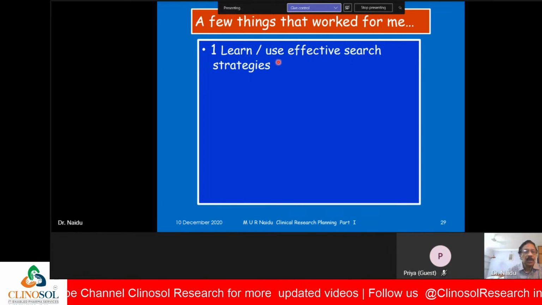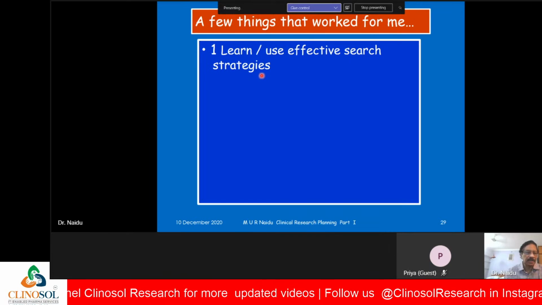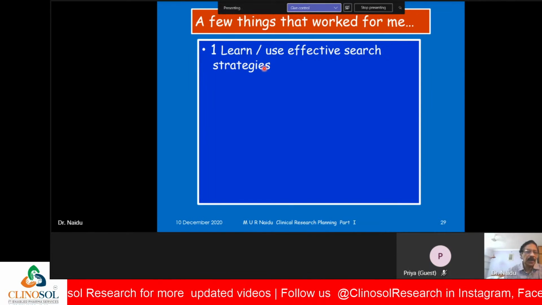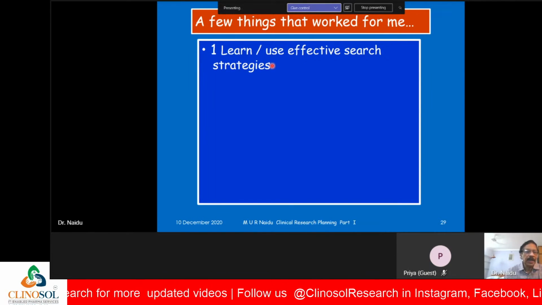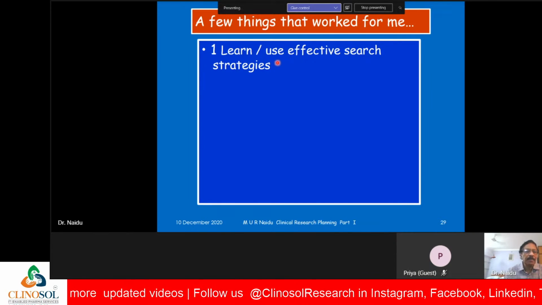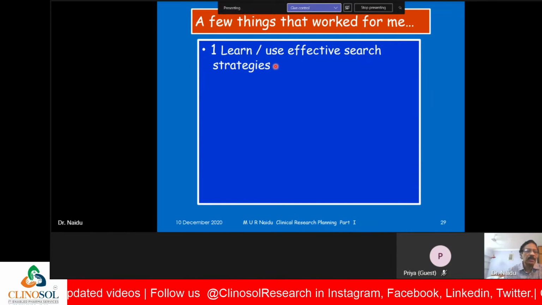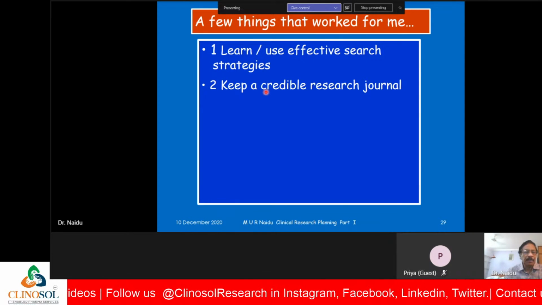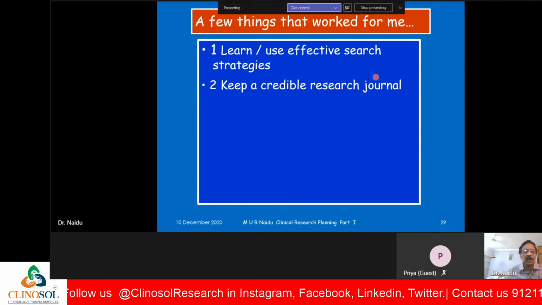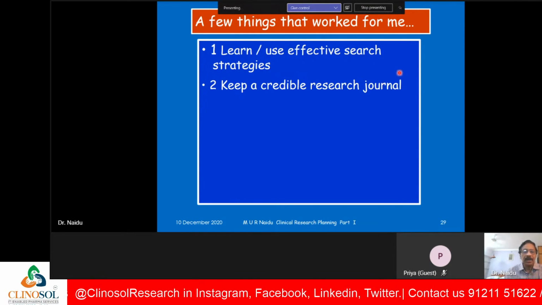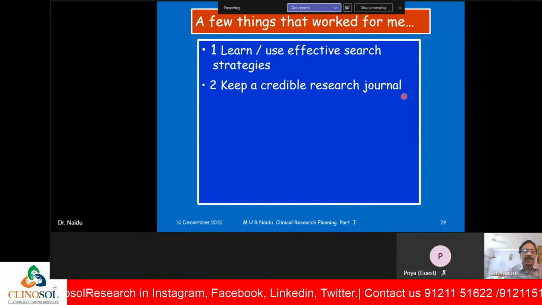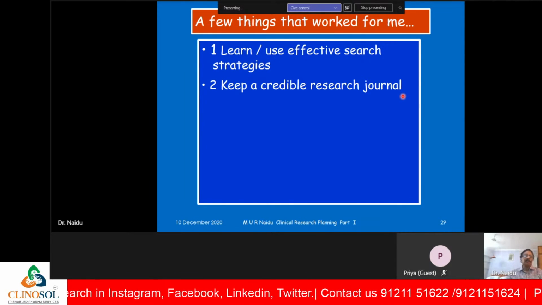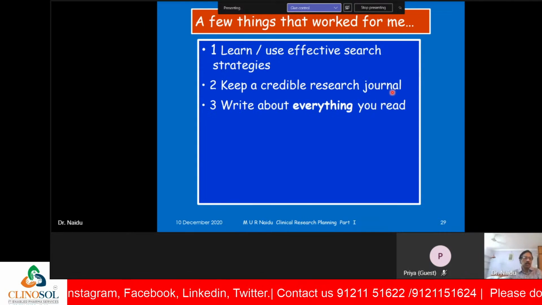Learn to use an effective research strategy. Searching is very effective. You have to really look into the journals which are actually talking about your subject. Keep to credible research journals. I told you that so many are there; those with good credentials and usefulness you should use.